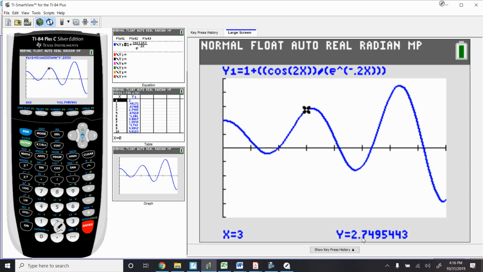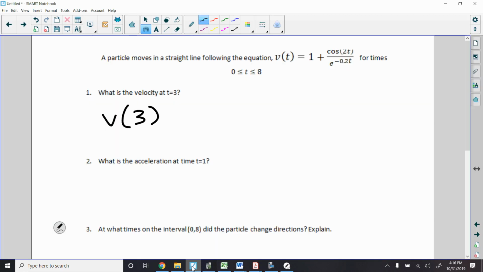Now I could write this as 2.749 or 2.750. Just make sure there are a total of 3 decimal places. There's no units that I need to worry about, so I don't write any. Okay? If I want a velocity at a different time, I can just trace a different number.